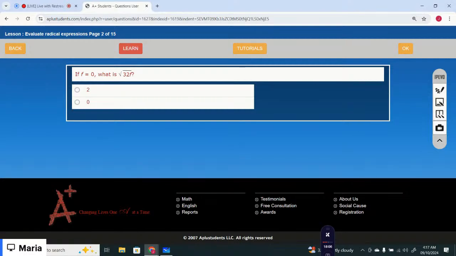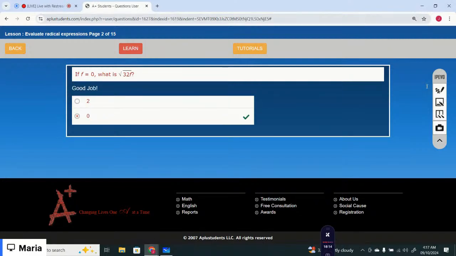The correct option is: when f is 0, any number multiplied by 0 is 0. So the correct option is 0. Option number 2 is the correct option.